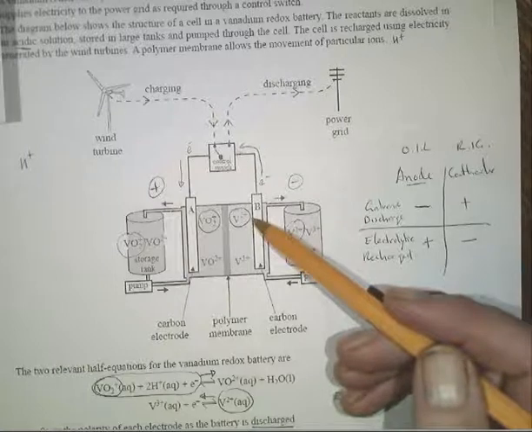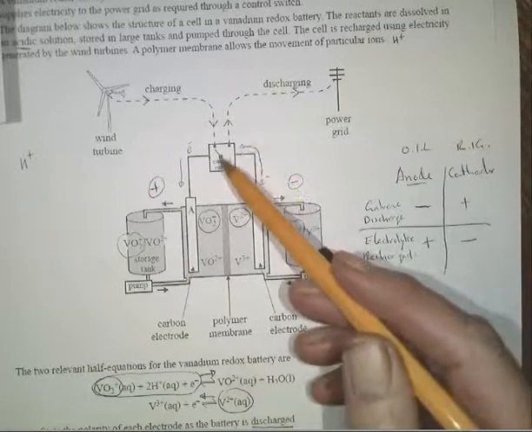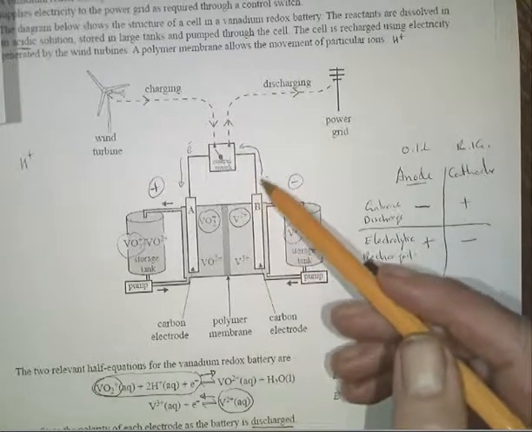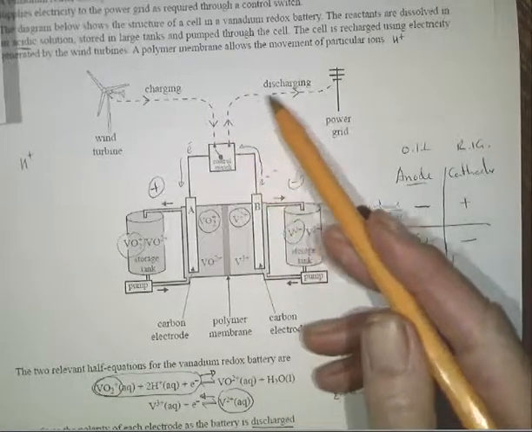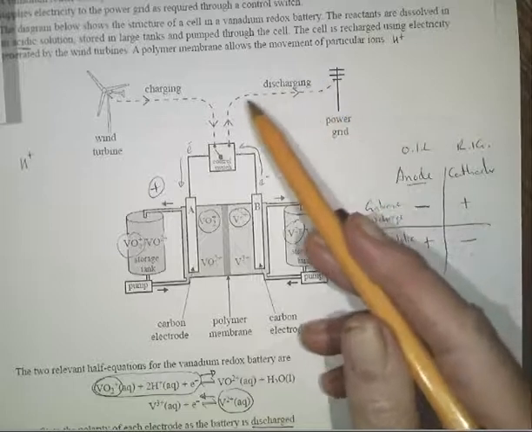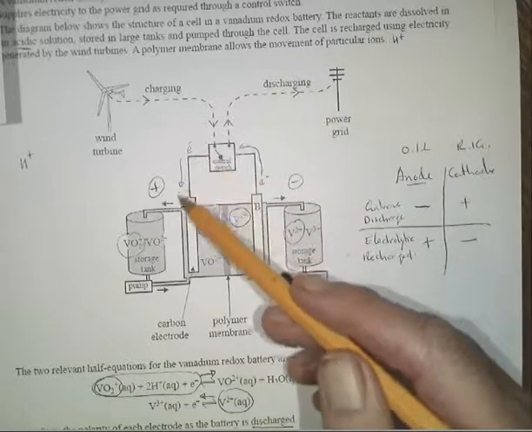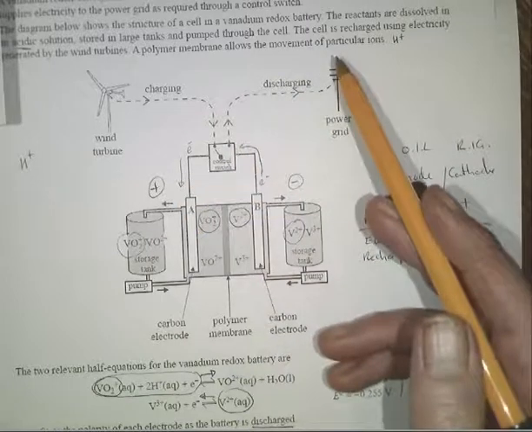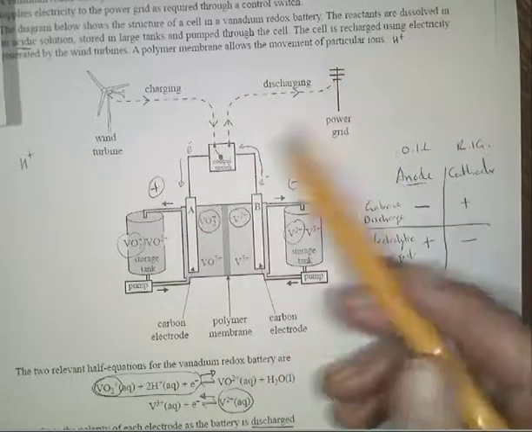Okay, so this is different because we can force the electrons to go back this way. Normally they would go here, out here, around and back, and then over there. On their way over to here, they're powering the grid.